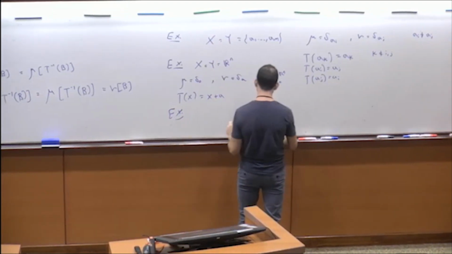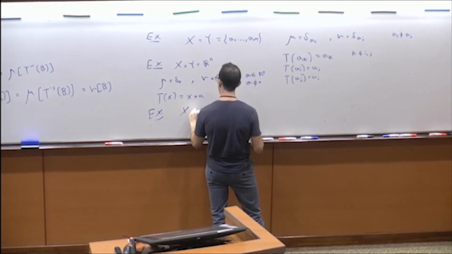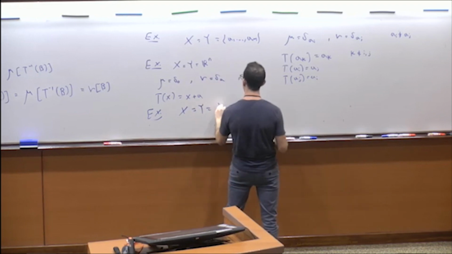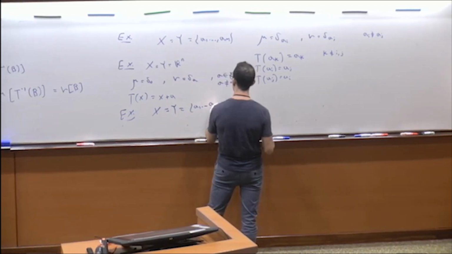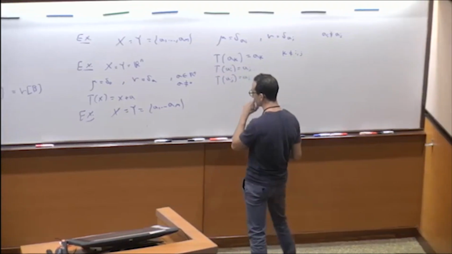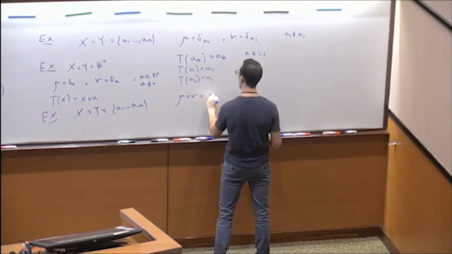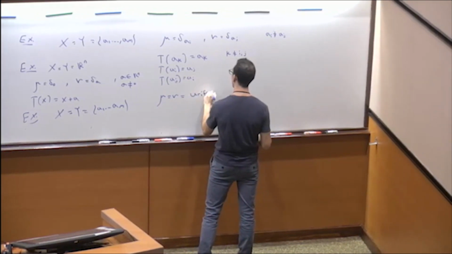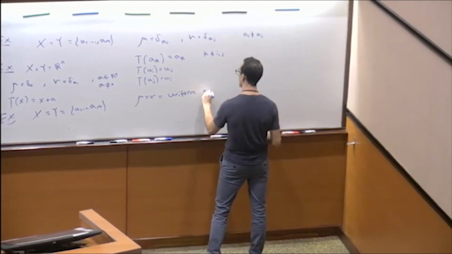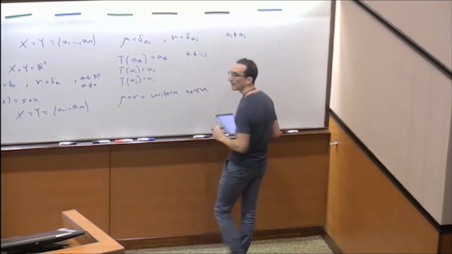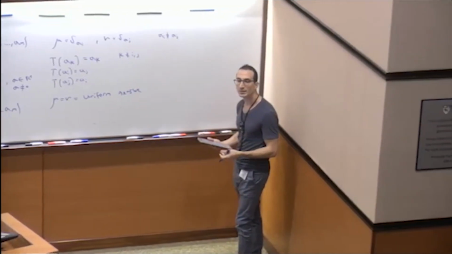Let's think of the following example. Let's say that again we have x is the same as y, and is this discrete set. But now let's suppose that mu and nu, they're both simply the uniform measure. Then what could T be?